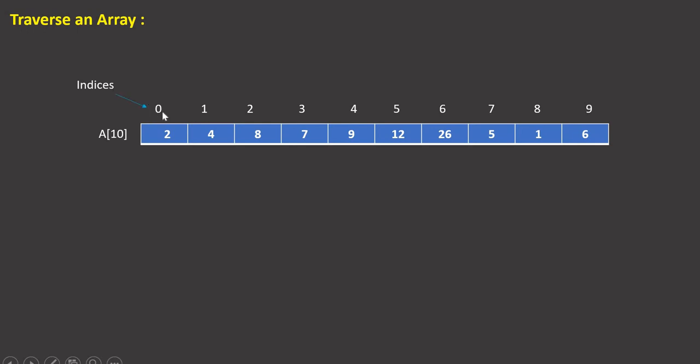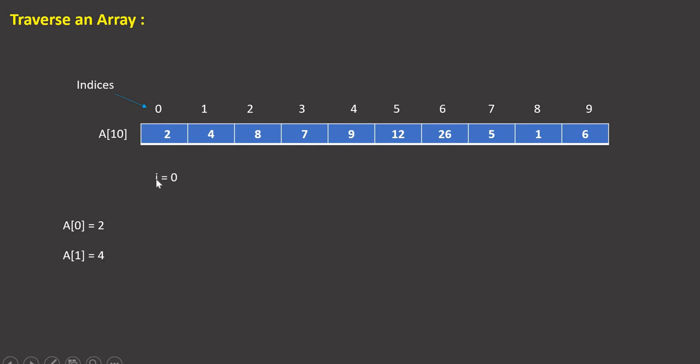So if I talk about the first element, the index number is 0, and if I'm saying I want to access the element at 0 index, I will get this value, right? So similarly for first index I will get the second value.